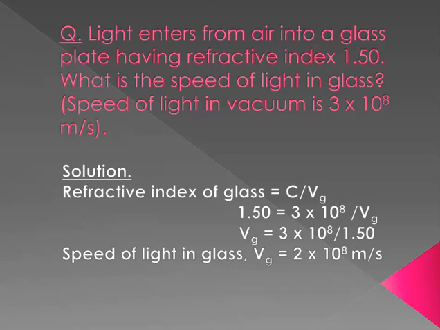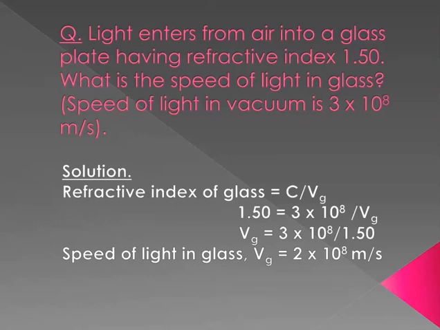So you first write the formula. The value of refractive index of glass is 1.50, which is equal to 3 into 10 to the power 8 meter per second divided by speed of light in glass, that is Vg.